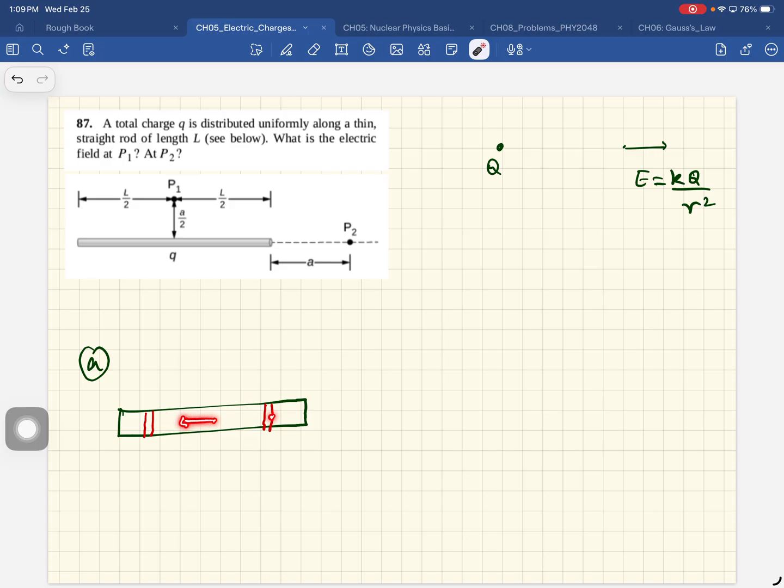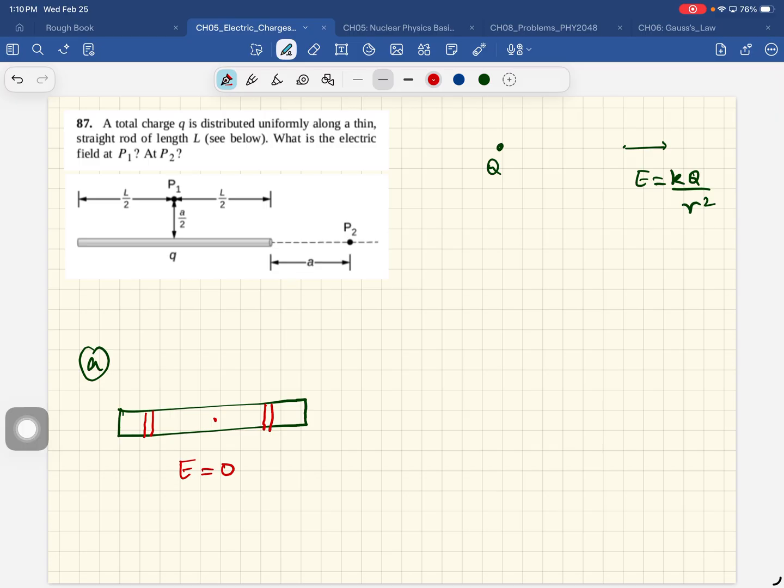Now let's write dq. dq is the charge. This is a linear charge density.